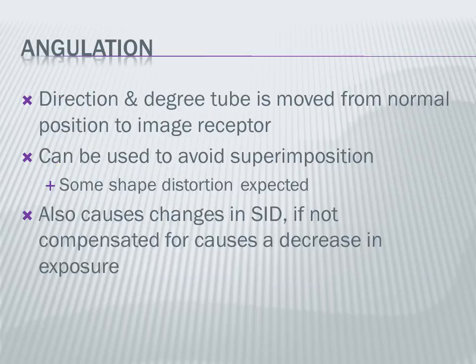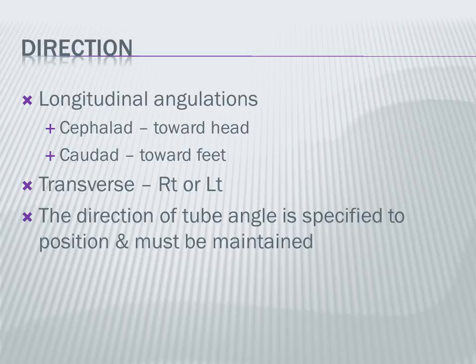Angulation: the direction and degree the tube is moved from its normal position to the image receptor. It can be used to avoid superimposition, though some shape distortion is expected. It also causes changes in SID. If not compensated for, it causes a decrease in exposure. Direction: longitudinal angulations. We know cephalad means towards the head, and caudad means towards the feet.